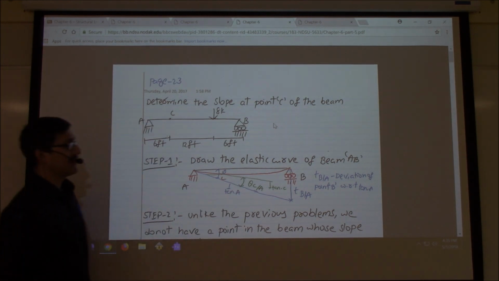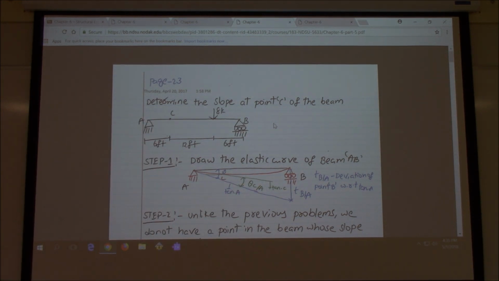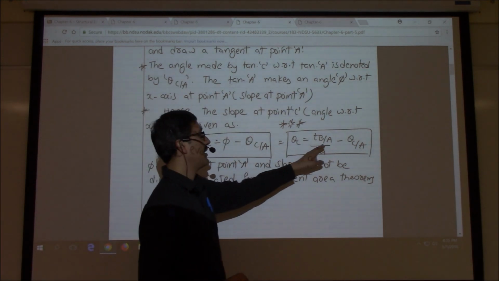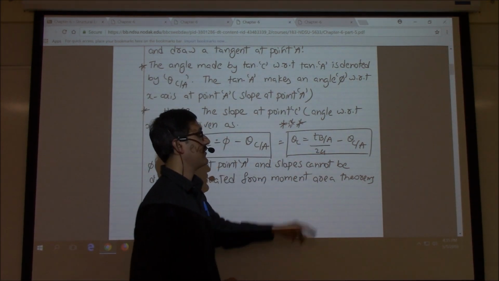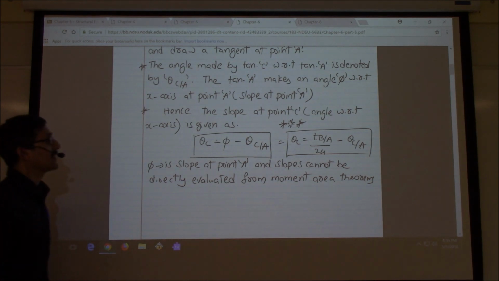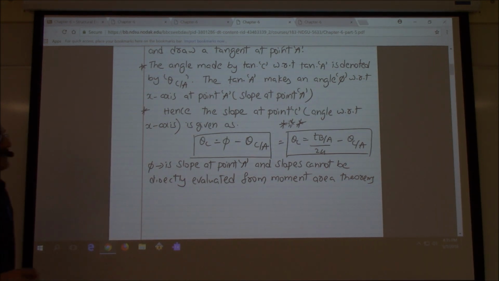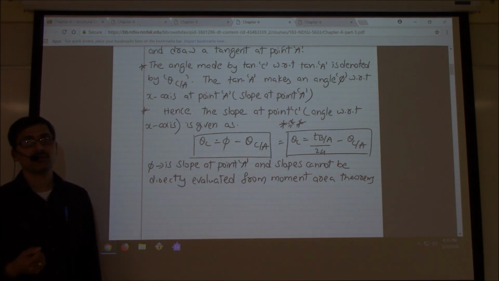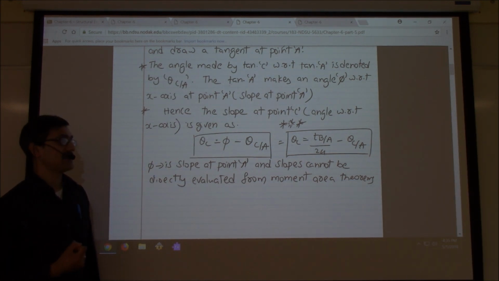So what you have to do is subtract theta C by A from phi, where phi is nothing but TB by A divided by 24, which is the span of the beam. So here we made use of trigonometry, and we didn't make use of known slopes or deflections.